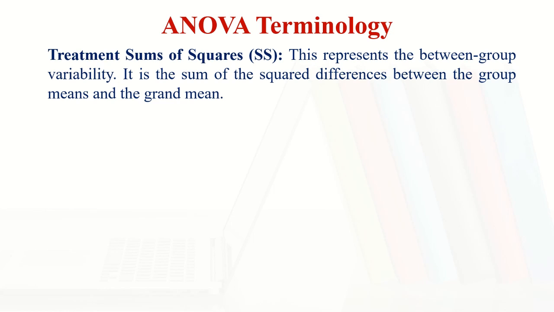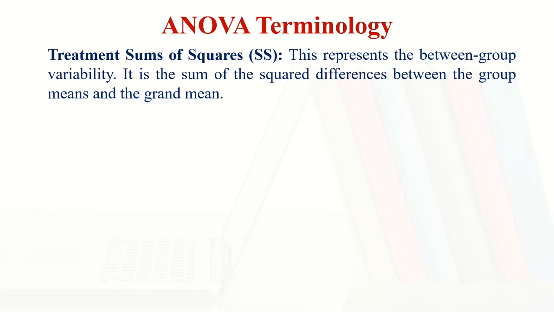Treatment sum of squares, right? SS is also one of the terms that we use in the ANOVA test. SS is sum of squares. Square of what? There will be some mean, and the actual figure x minus the mean.